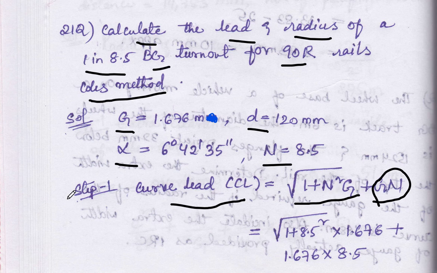From this we have calculated the curve lead value. This G is also outside of the square root.